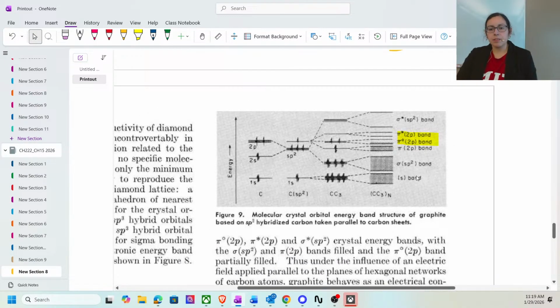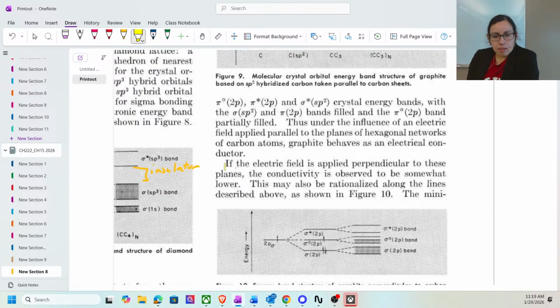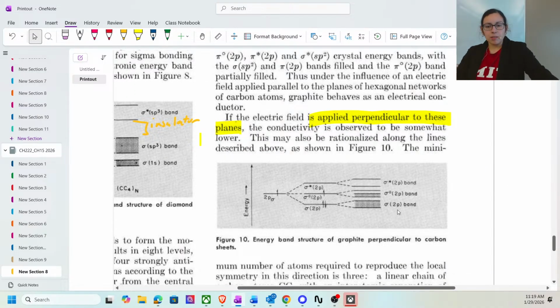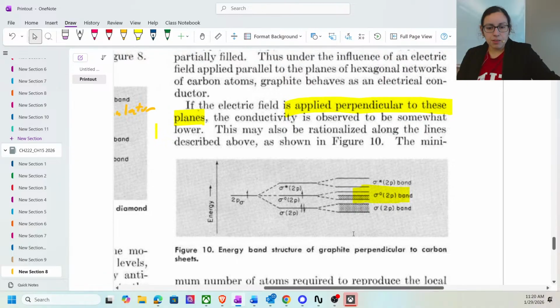So that is unfilled. It says that if the electric field is applied perpendicular to these planes, then the conductivity is observed. That explains why we do have small conductivity from that band gap there. So that's pretty interesting.